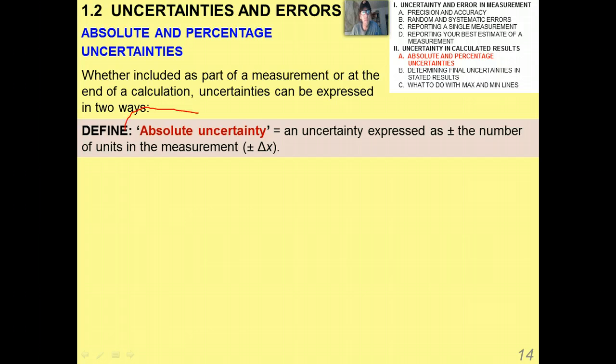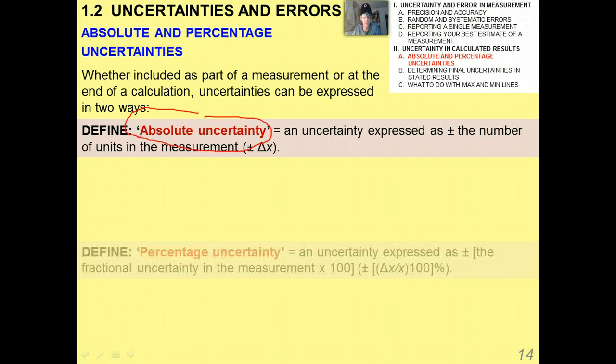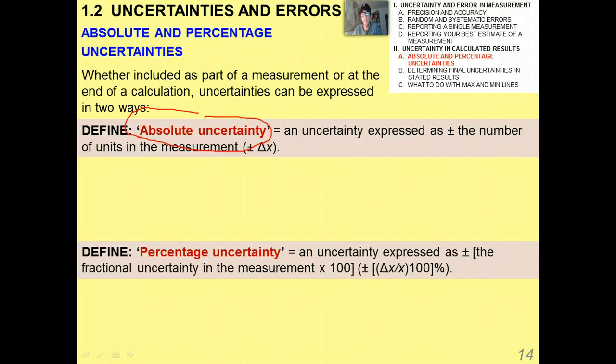So it's plus or minus delta x, where x is the thing that you're reporting a measurement for. A percentage uncertainty is the uncertainty expressed as plus or minus the percent. And what that amounts to is the uncertainty in x over the actual value, times 100. Does that make sense? I'll do a couple of examples, okay?